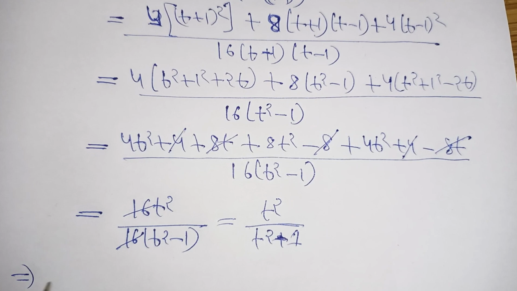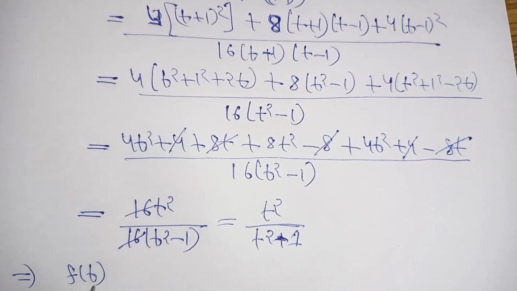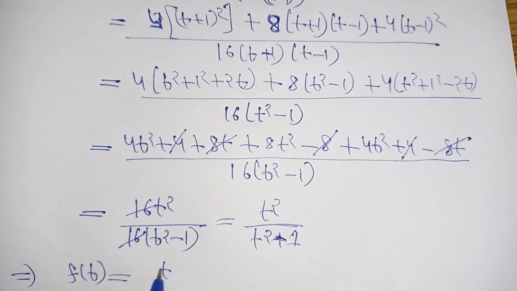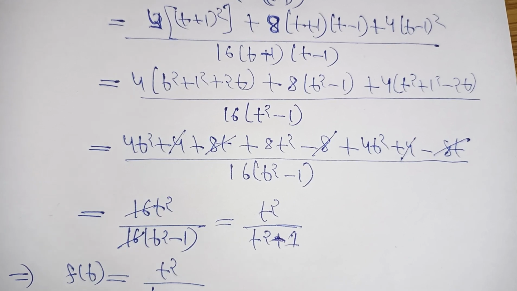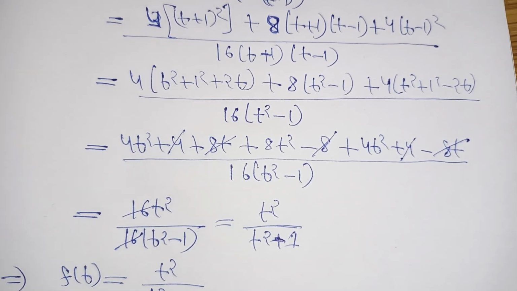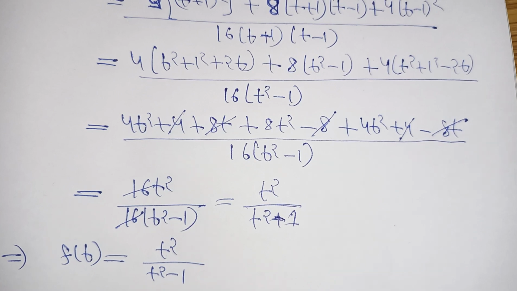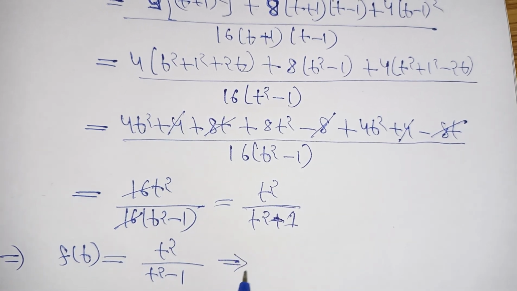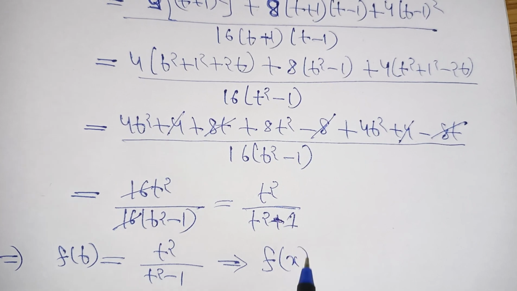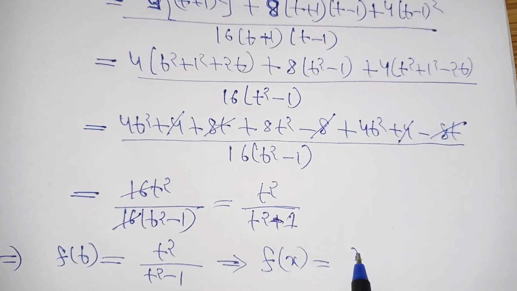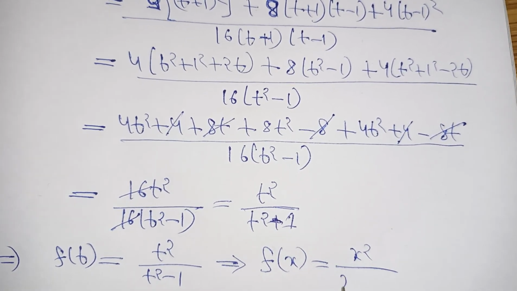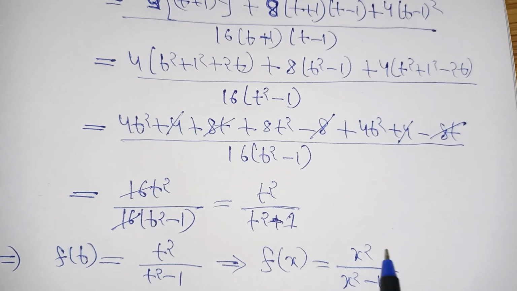So it implies the value of f of t is equal to t square upon t square minus 1. And now we just change variable t to x, and then it implies f of x is equal to x square upon x square minus 1.